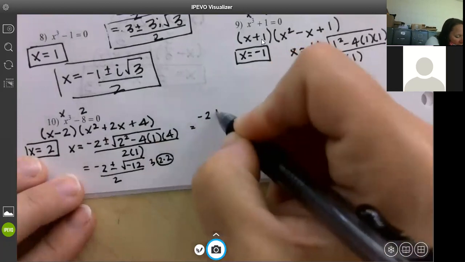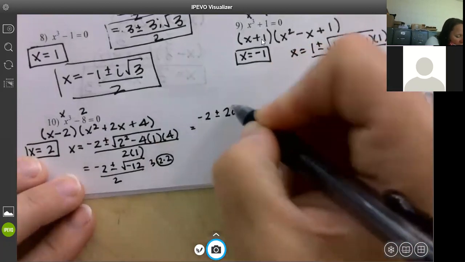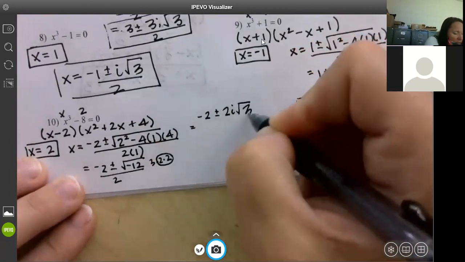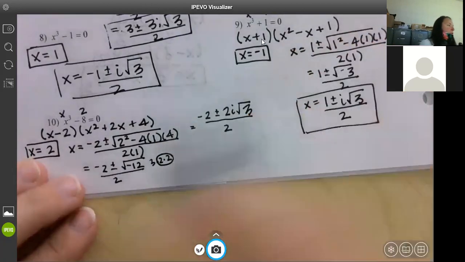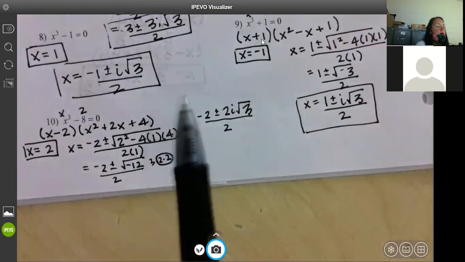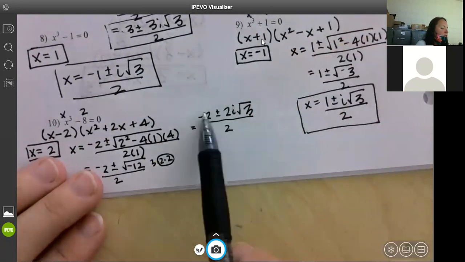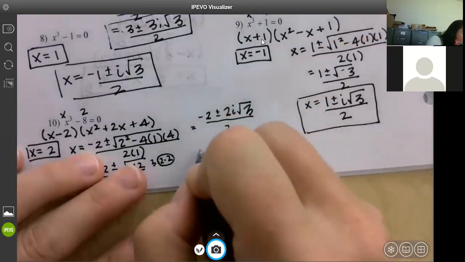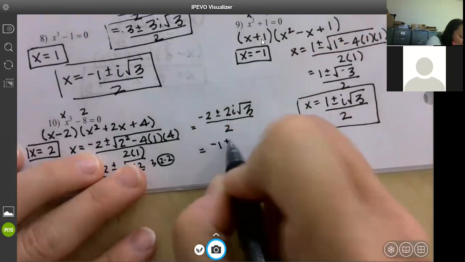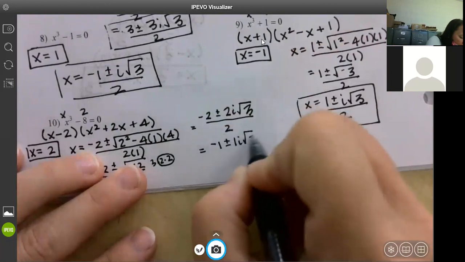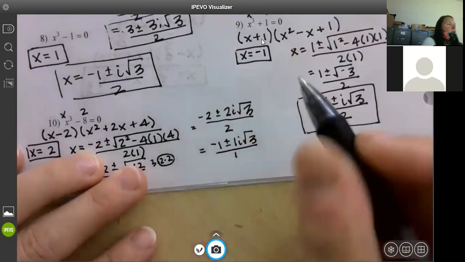So we get negative 2 plus or minus. I pulled out a 2 and an i. I did not circle that 3. And a 2 was on the bottom. And then you have your triangle of numbers. All the 2's are divisible by 2. So it changes to? And I'm going to put it over 1.